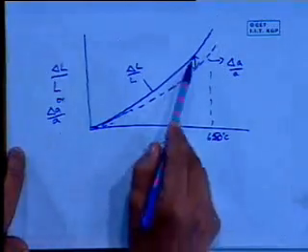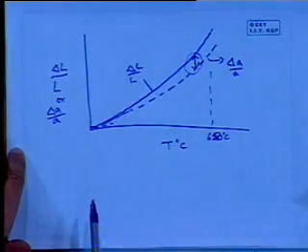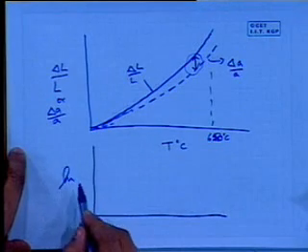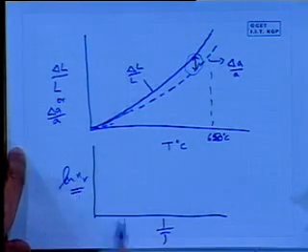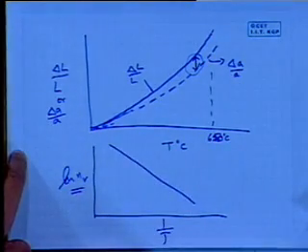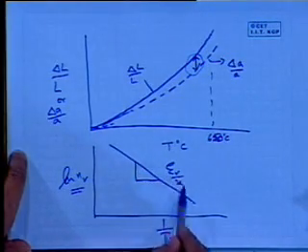Now I have a vacancy concentration as a function of temperature, which I can then plot in my Arrhenius form, ln of the concentration versus 1 by T, where I'll get my slope, and from which I calculate for aluminum what is EV.